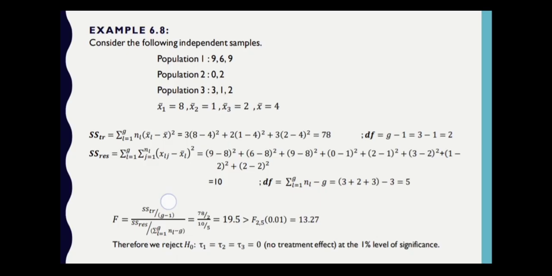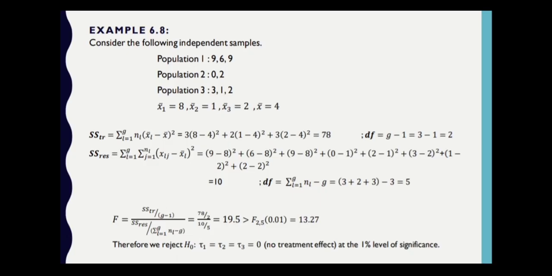Okay, given the population 1, population 2 and population 3, we have 3 population. So because of that, kita gunakan one way ANOVA because we have more than 2 population. Okay, so untuk population 1, we have the data is 9, 6, 9. Population 2, we have 2 observation. Population 3, we have 3 observation. So the variable involved here only one variable.